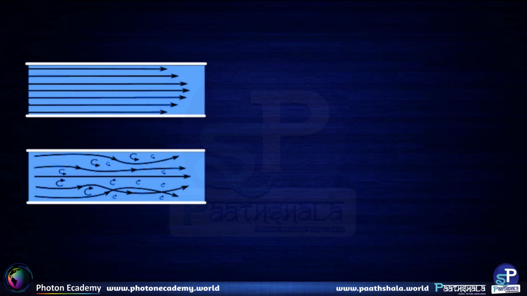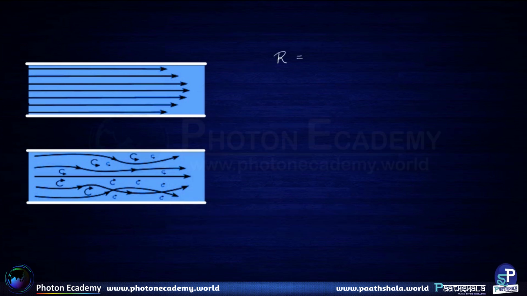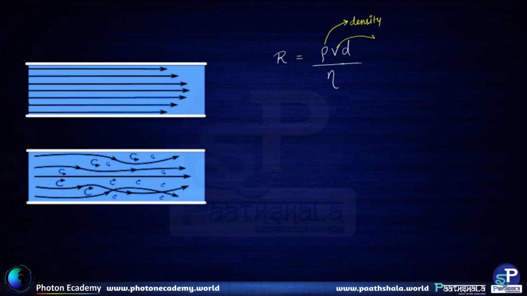Okay. So there is this number called the Reynolds number, capital R, which is defined as rho v d upon eta. Rho is the density of the liquid, v is the velocity, and d is the diameter.